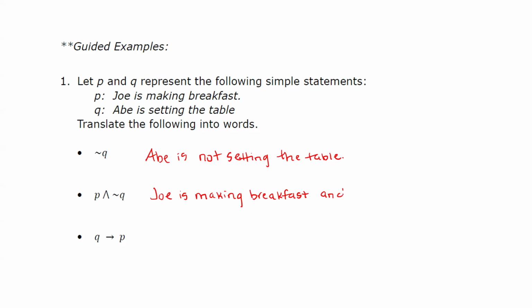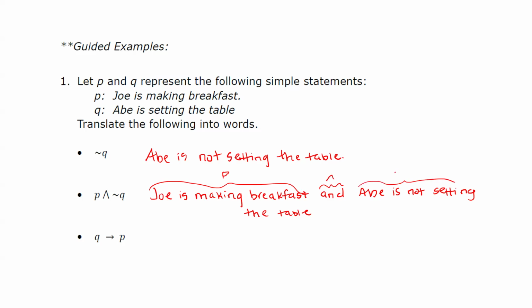And not Q, Abe is not setting the table. So Joe is making breakfast is the P, and then the second part would be not Q.